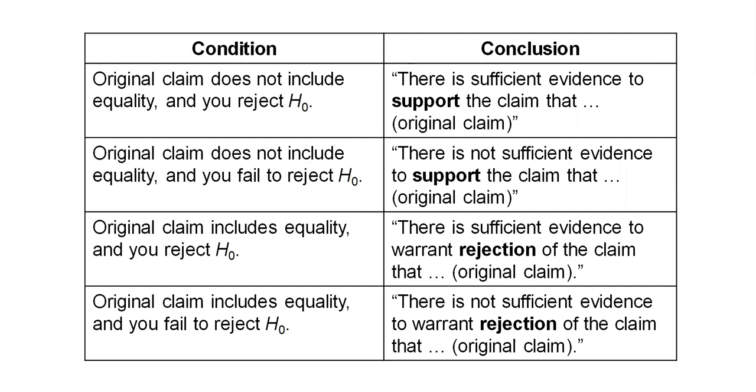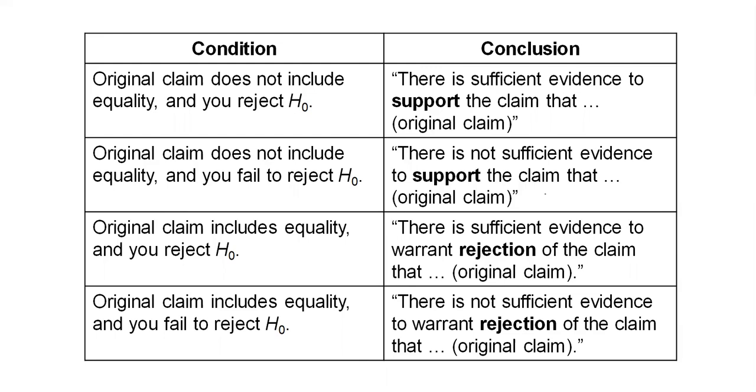So for instance, if we are using the drone example, there is sufficient evidence to support the claim that a majority of consumers are not comfortable with drone delivery. If you go for the second one, original claim does not include equality and you fail to reject H naught, then you will say there is not sufficient evidence to support the claim that the majority of the consumers are not comfortable with drone delivery.